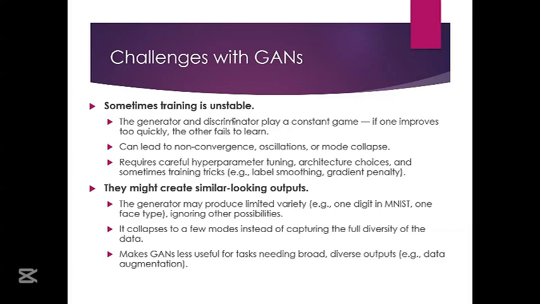And it can lead to non-convergence, and it creates some complex situations, and it requires careful hyperparameter tuning to get a good output, which needs a lot of cost involvement and a lot of knowledge.